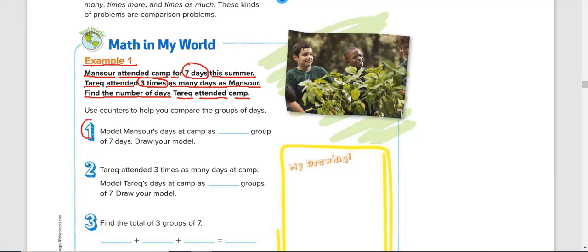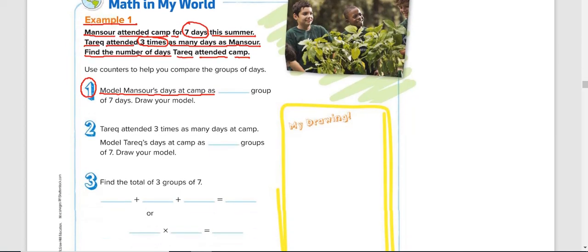Following the steps. Step 1, model Masu's days at camp. Since the first person we have is Masu, let's give it a model. Masu attended the camp 7 days, so we can have one group of 7 days.